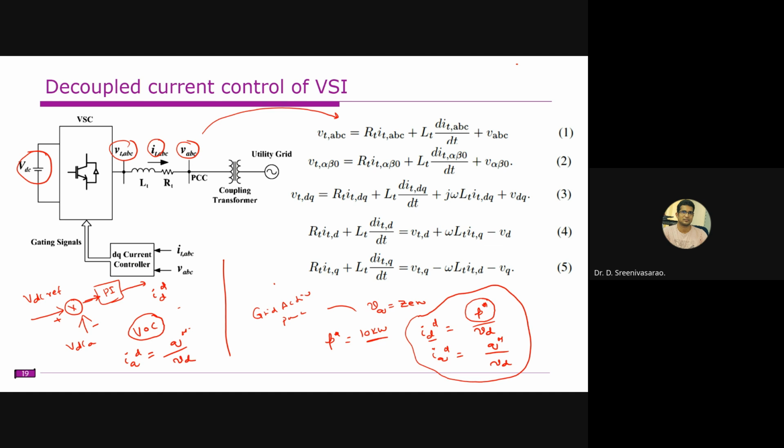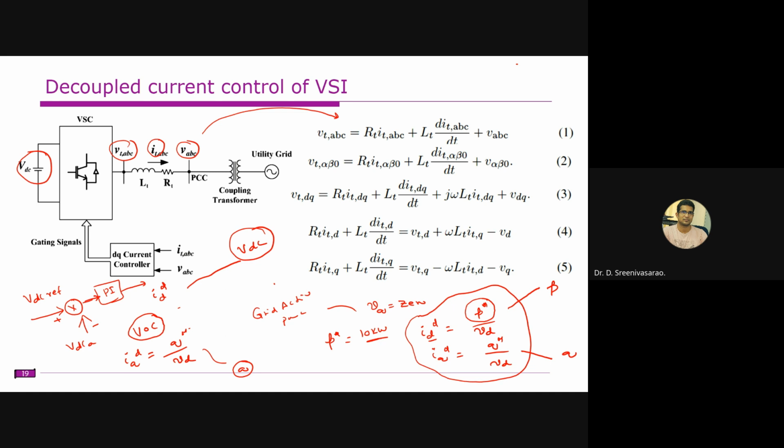These are two different things. This one will control the VDC and this will control the reactive power. This will control the active power and this will control the reactive power. P it will control, Q it will control. Here it will regulate VDC, whereas this one will control the reactive power.